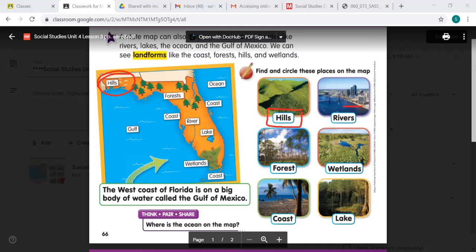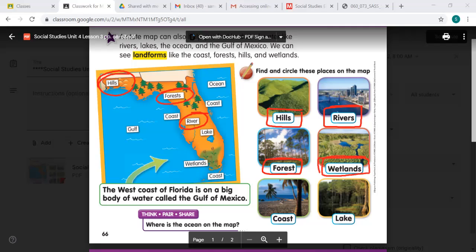All right, let's look at rivers. Did you find rivers on the map? Let's look, it's right here, river. Okay, how about forest? There's a lot of trees in a forest, right? You find forests. Here it is. How about wetlands?